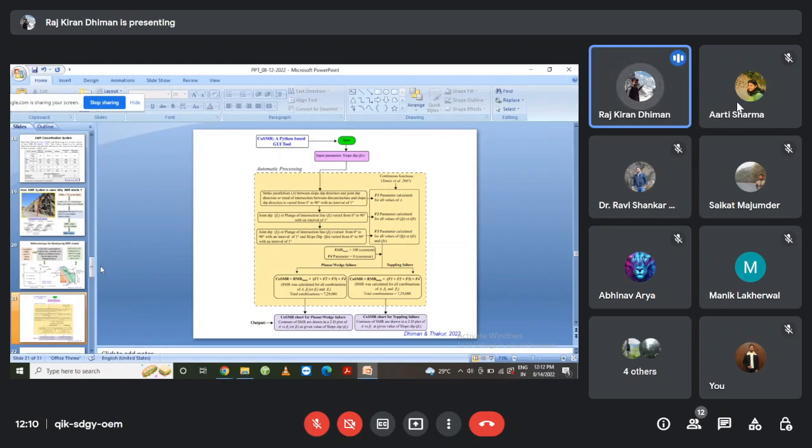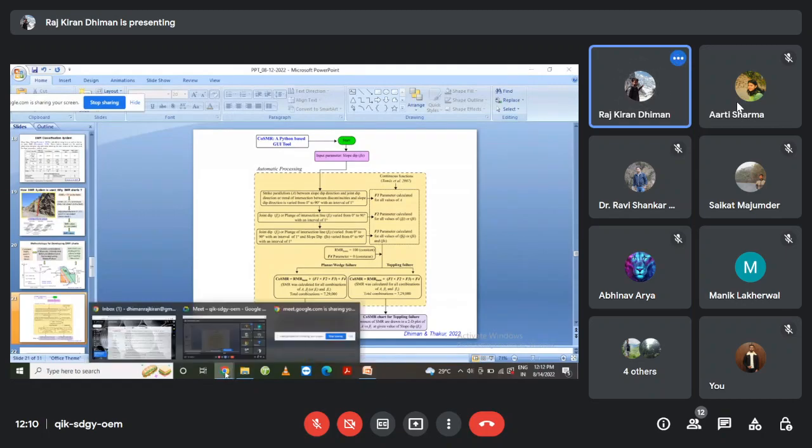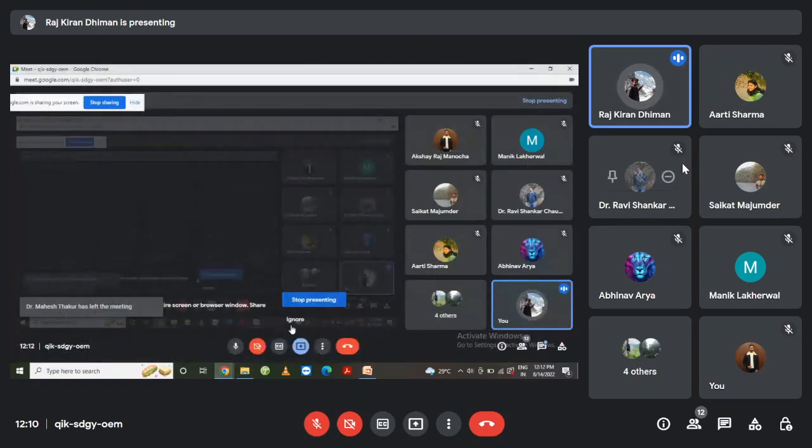Like the code is in MATLAB. But MATLAB is proprietary, so you cannot run this if you don't have a license. So I switched to Python because Python is open source. You can develop your code and you can share it with people also. So that is the reason why I have developed this in Python.